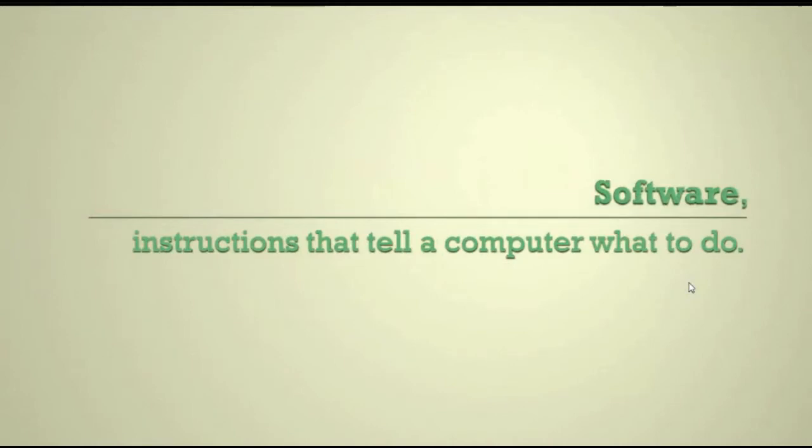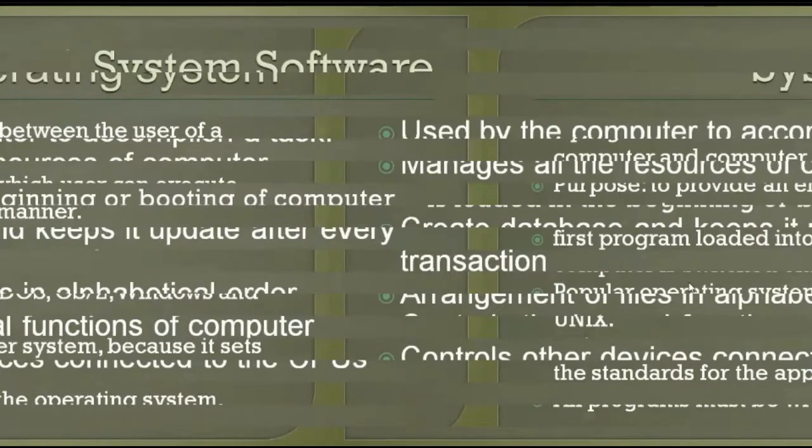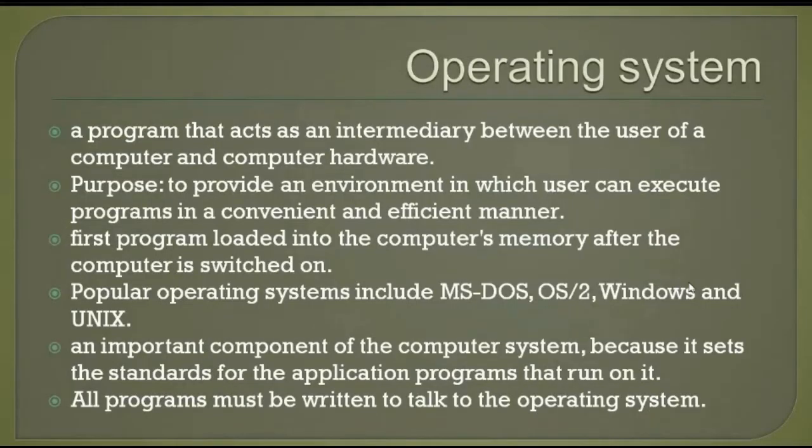Then software we are learning. In the software, we learned two types, system software and application software. We have learned system software. Then in the system software, operating system we have learned.